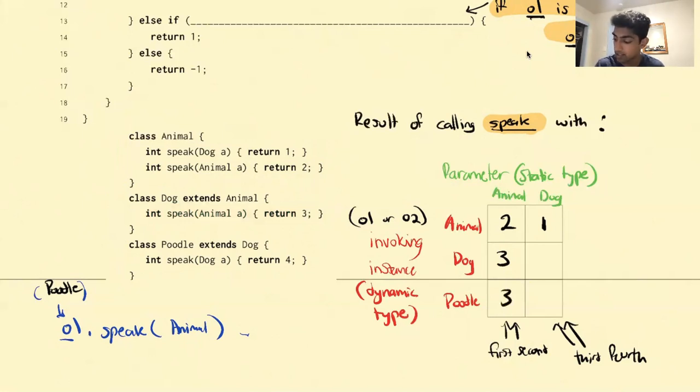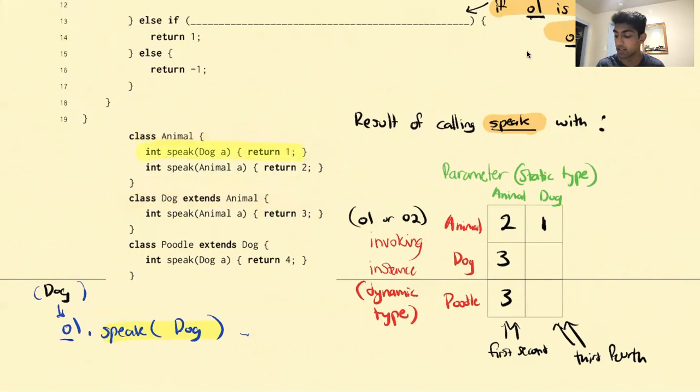So now let's consider the possibility that we're calling our method on a dog, and let's consider our dynamic type of dog as well. In this case, during compile time we will lock in on this method signature because we're speaking to a dog, and we look in the animal class. Then during runtime, we try looking in the dog class for that same method signature.